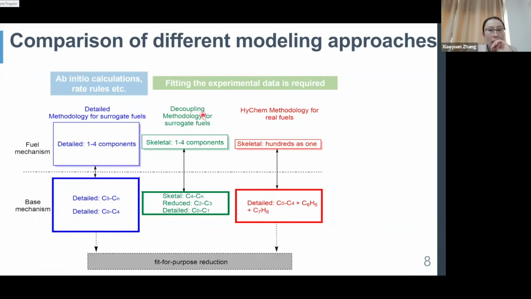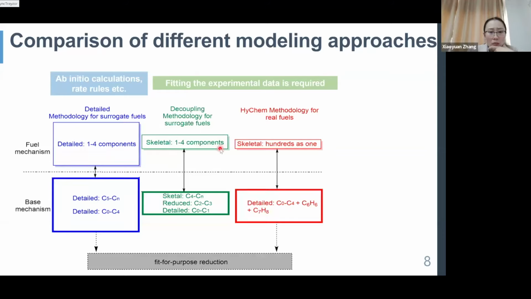This slide compares the different modeling approaches for real fuels: detailed model methodology, decoupling methodology, and HyChem methodology. Compared with the detailed method, lumped reactions are involved in the decoupling and HyChem methodologies. So the model sizes are much smaller than that in the detailed model. The size of the boxes represents the size of the model.